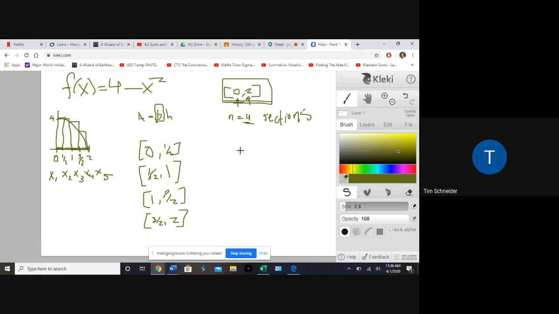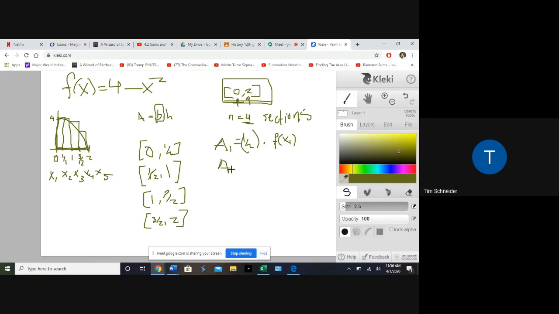So let's actually do a1 is 1/2. That's the base. What is the height? Well, for the height, we're going to take the actual y value at that point. We're going to multiply by the y value at x1.